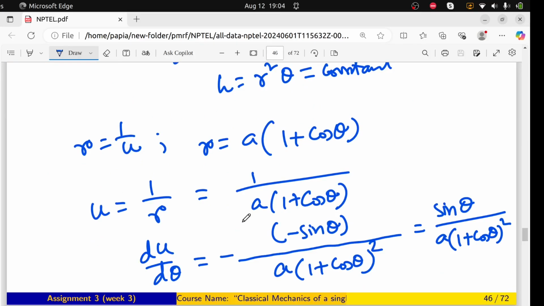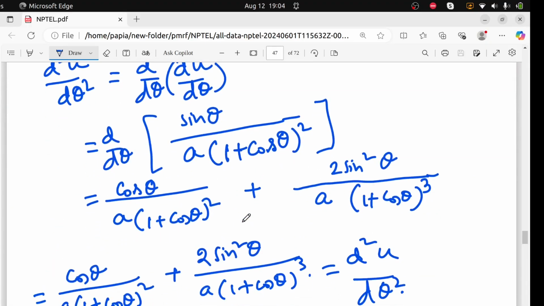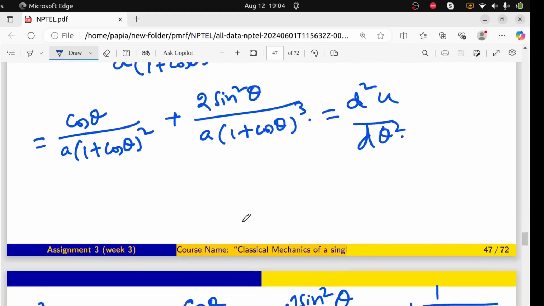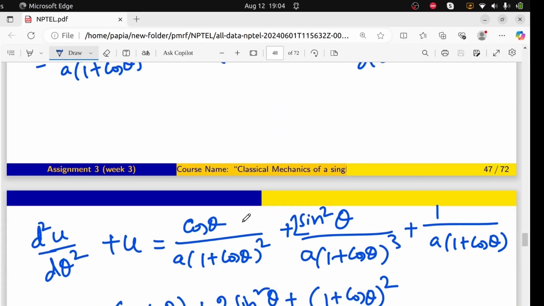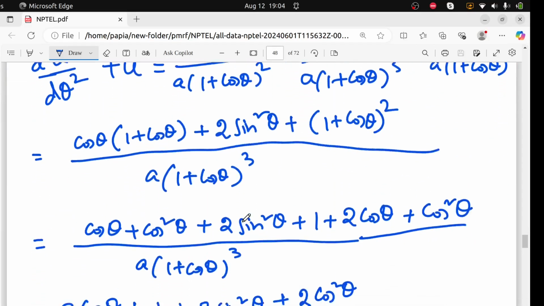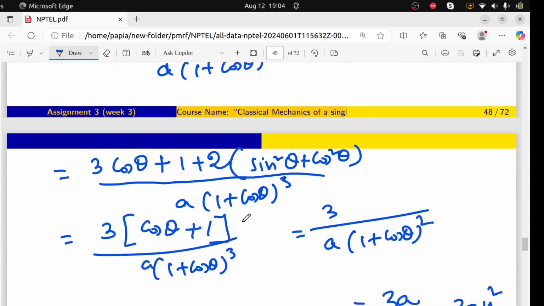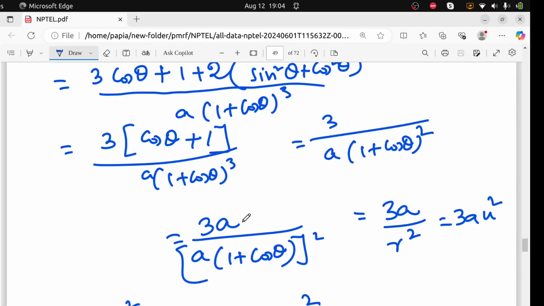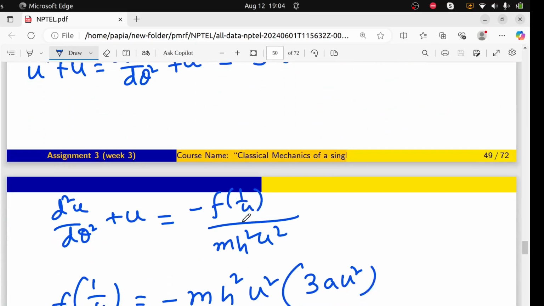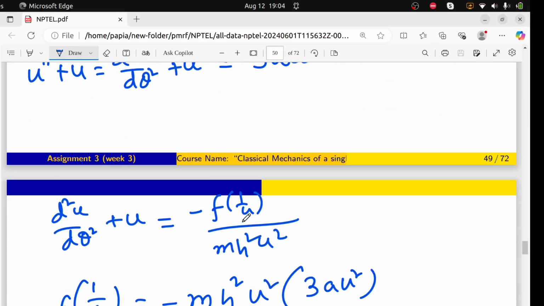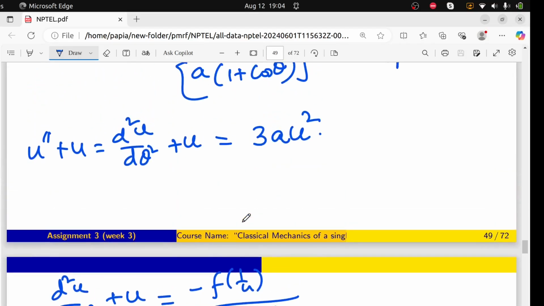Then I calculated du by d theta, and I calculated d2u by d theta 2, which is d by d theta of du by d theta. Then I calculated d2u by d theta 2 plus u, which, after simplification, is coming as 3a u square.